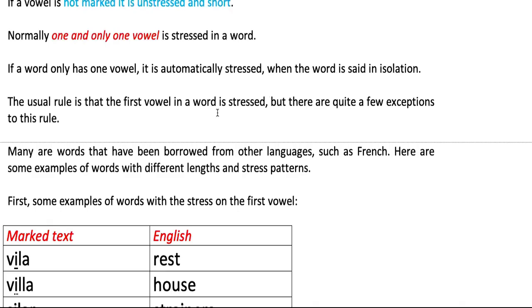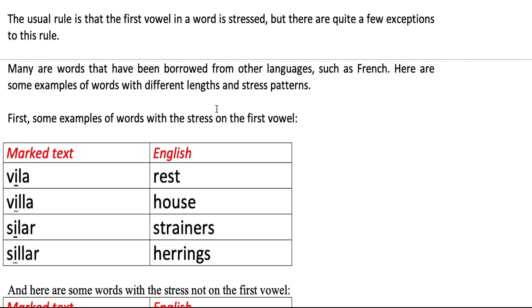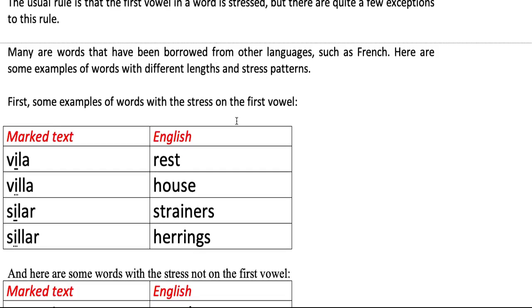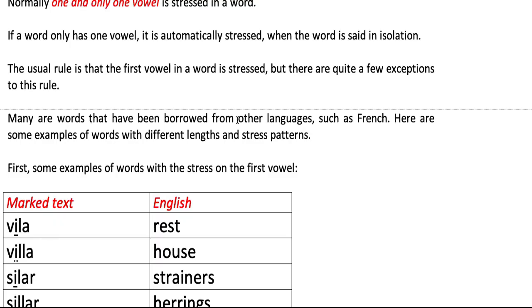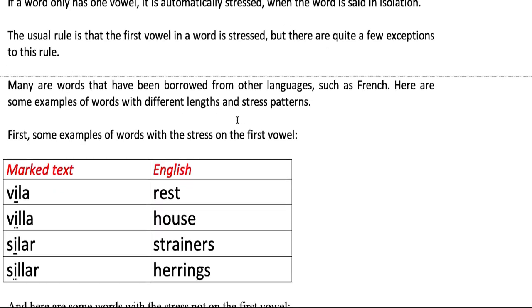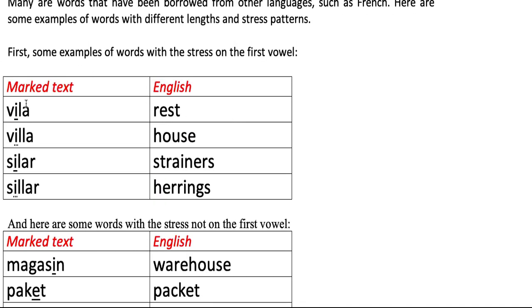So here we can check a few more examples. Some examples are words with stress on the first vowel. There are a few cases where stress can be on the last vowel also. First one is vila, vila.